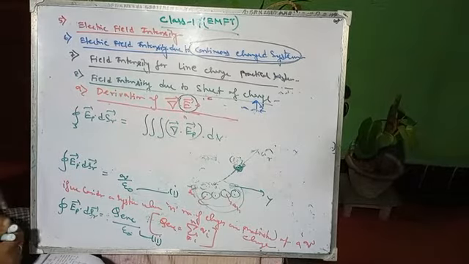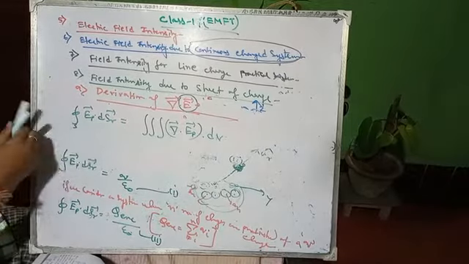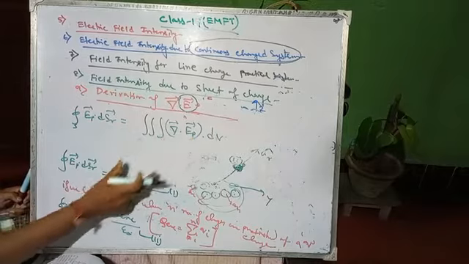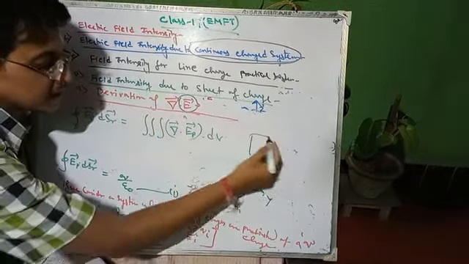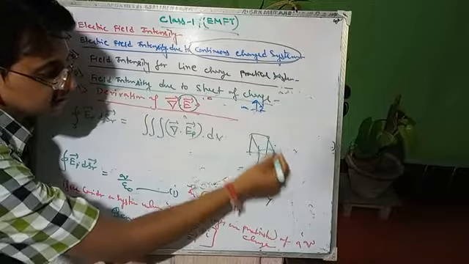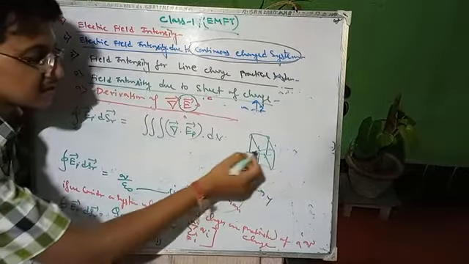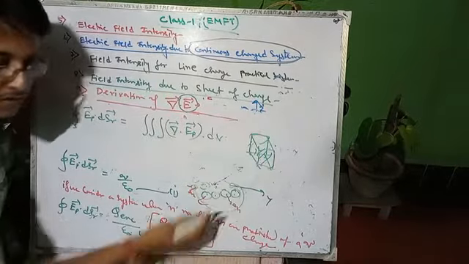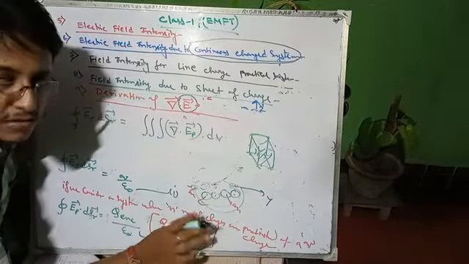This is your closed surface, an indication of dS containing a volume, because in the last class, in the case of coordinate systems, I discussed that suppose there are 6 sides. If we integrate over all the sides, then we can find the volume inside these closed surfaces.